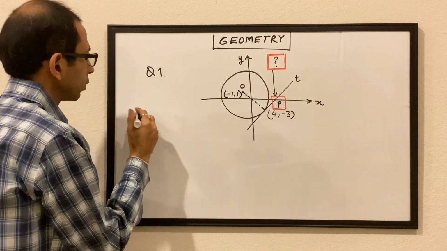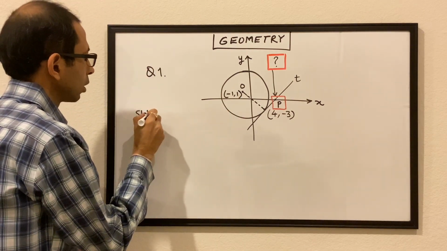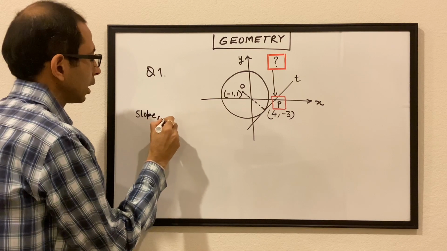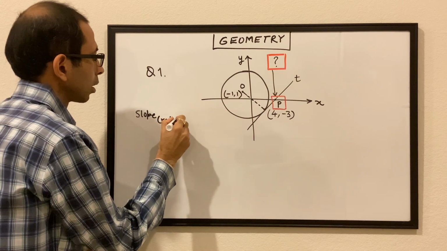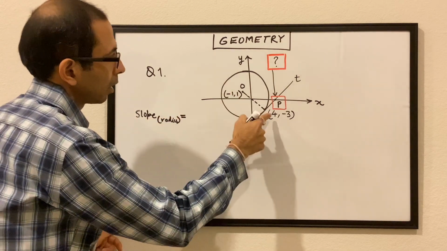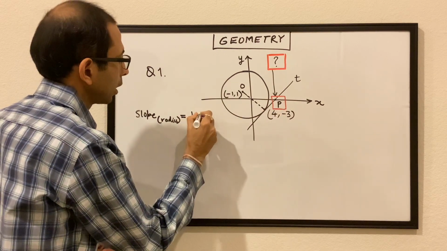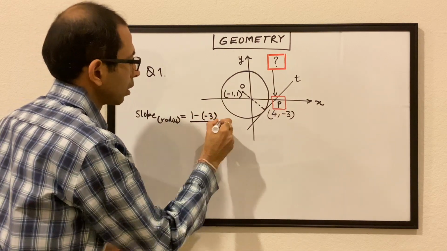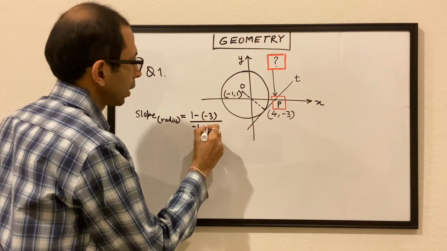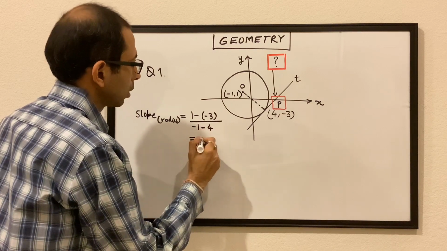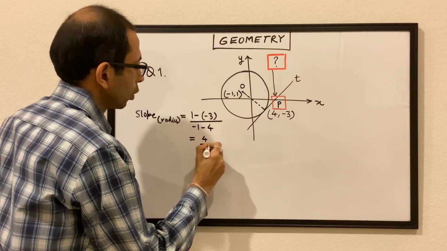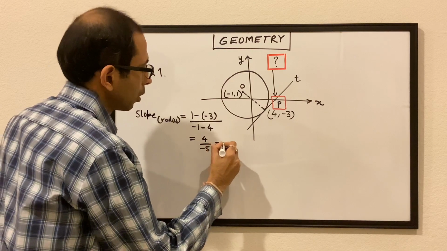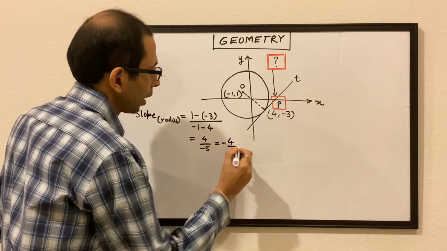So the slope of the radius would be 1 minus -3, divided by -1 minus 4. So this comes out to be 4 over -5, or -4 over 5, right?